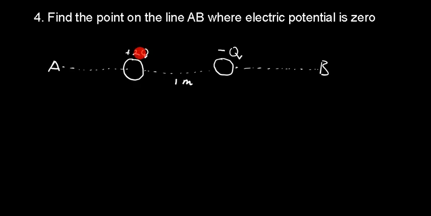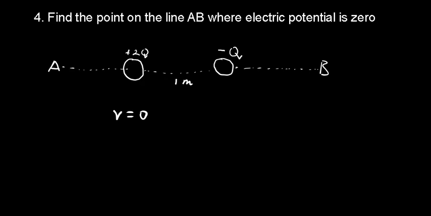There's going to be a force of attraction. But where on this line from A to B will the electric potential be zero? So that means where will V equal 0? Where are we going to place these charges so that the electric potential will be 0?